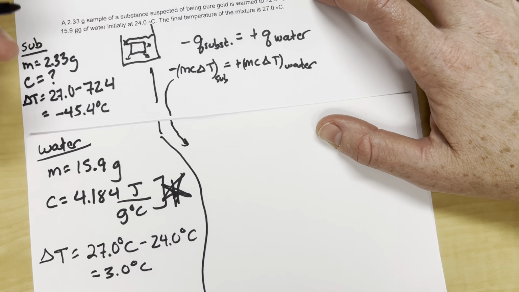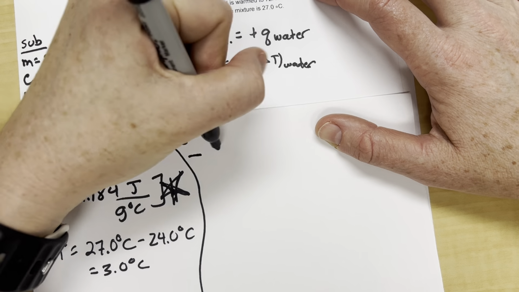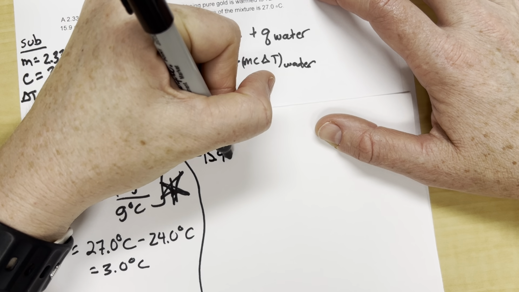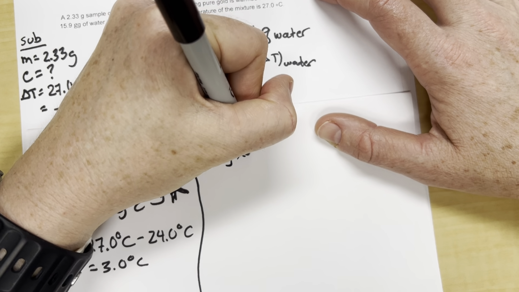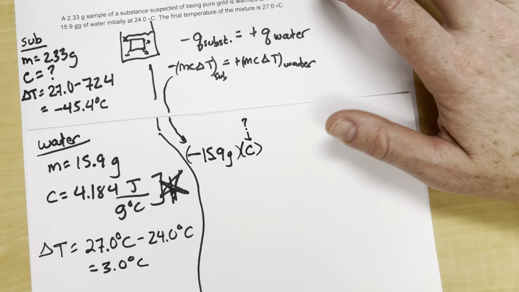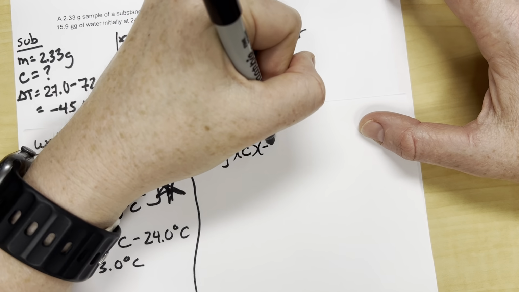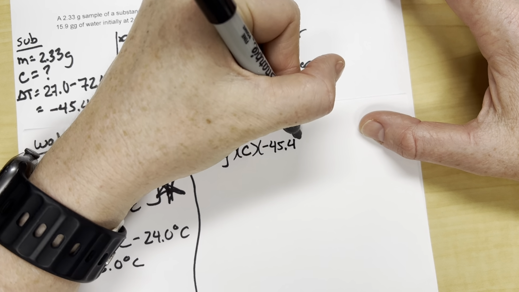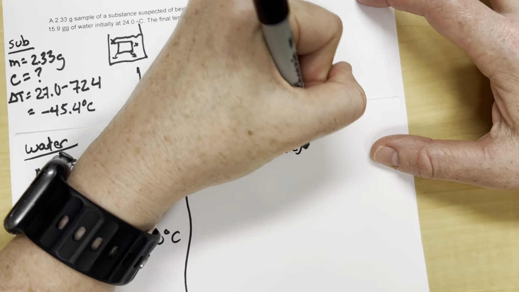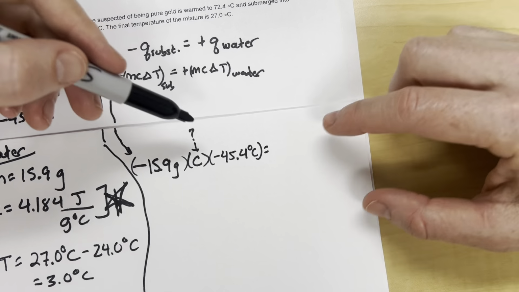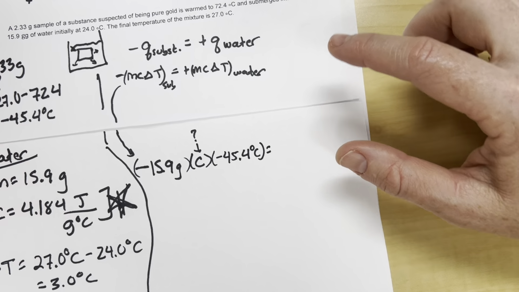So let's start with the mass of the substance. Don't forget that we have a negative sign. So negative times the mass of the substance, 15.9 grams, times the C, which we don't know. That's what we're solving for. Times our delta T, which is negative 45.4 degrees Celsius, is going to be equal to, I'm gonna leave some units out to save space, our mass of the water, which was, oh, excuse me, I messed up already.